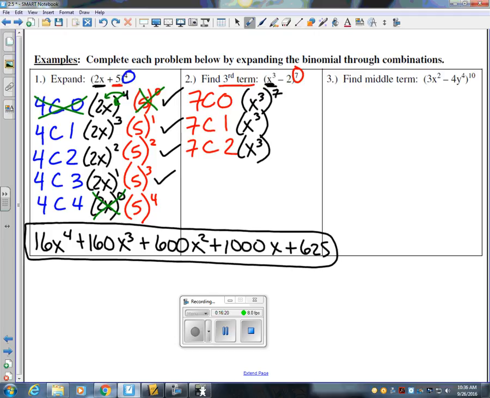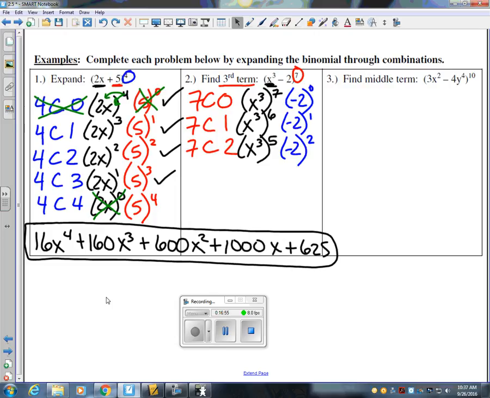So 7, then what? 6, and then 5. What's in the second part of the problem? -2. Very good, Jose. Not +2, but -2 in this case. What are your exponents always for the last parentheses? 0, 1, 2.